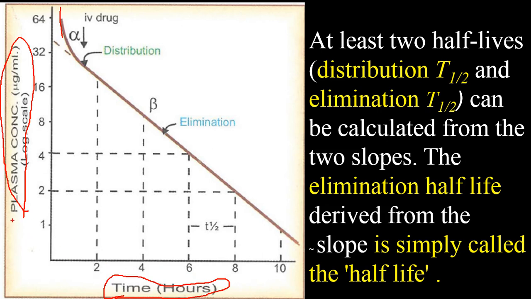That's why it is also known as semi-log curve. It is semi because only one side is log. So as we can see, the concentration is decreasing sharply here, and here the concentration is not decreasing that sharply, because this alpha is due to distribution.